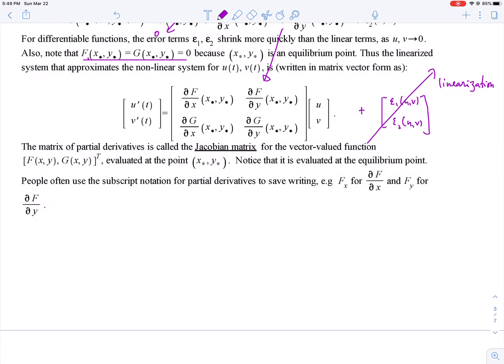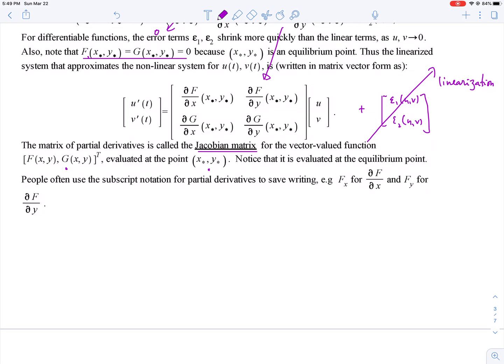All right, so remember from multivariable calculus that 2x2 matrix is the Jacobian matrix for the vector function f of xy, g of xy. And it's been evaluated at the base point, at the equilibrium point.